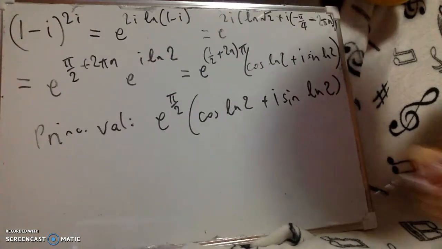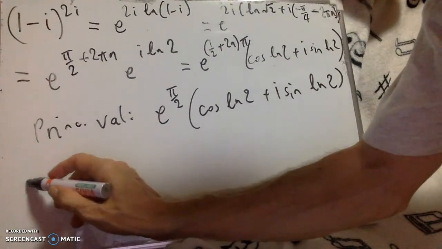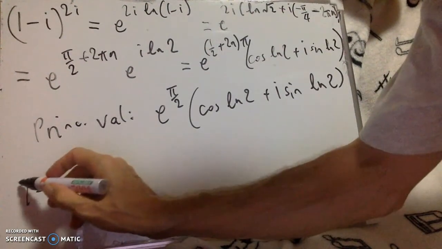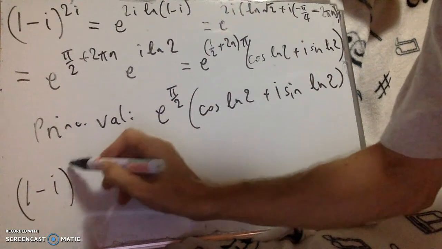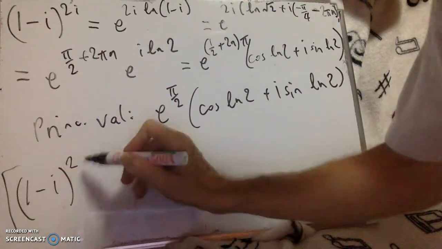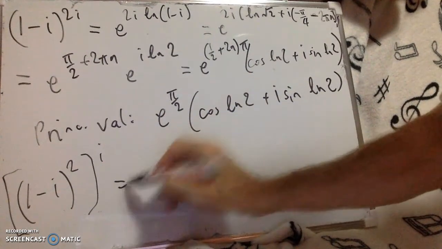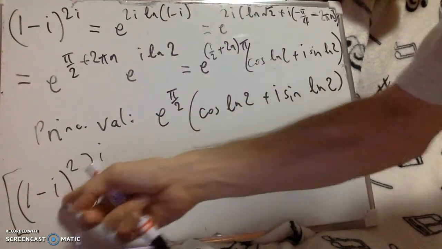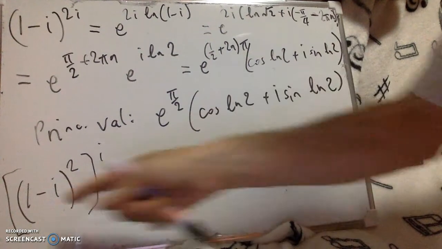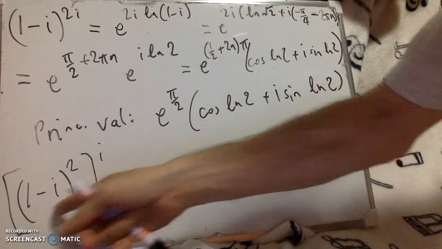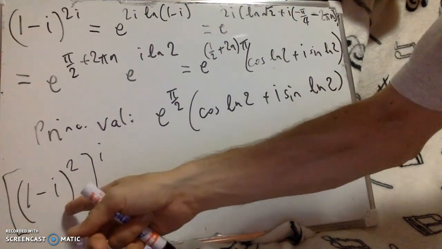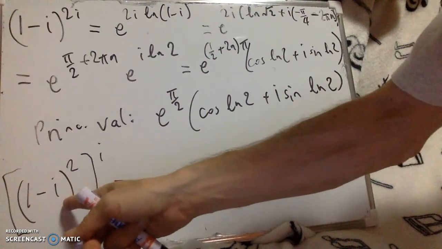I should mention another way of doing this question, maybe a cleverer way, is to notice that I can write this like this, and then say, well, 1 minus i squared, what's that? Again, if you think of it in polar form, you realize this is length root 2, so the square is going to be length 2.